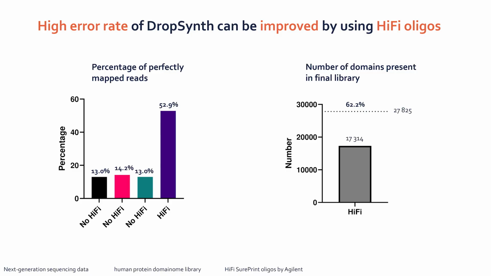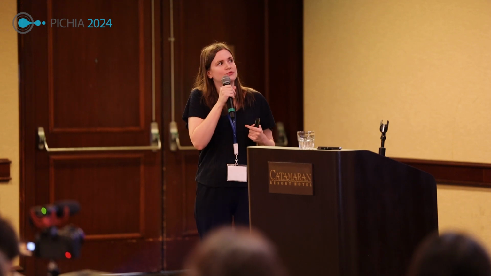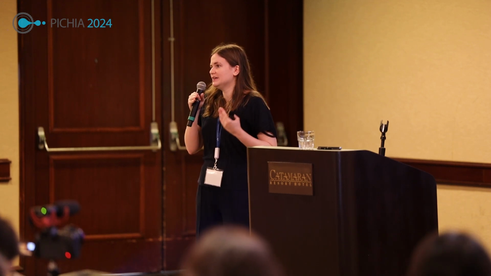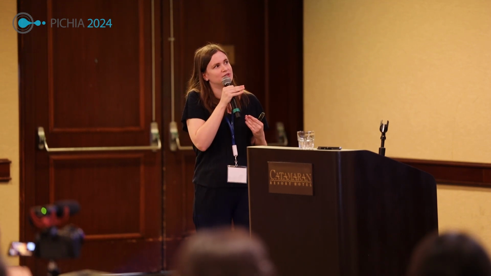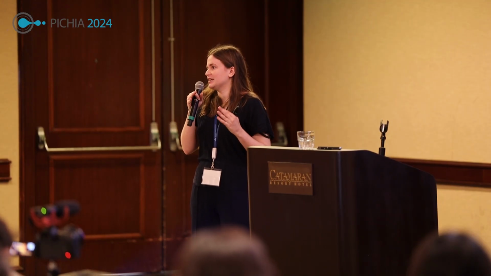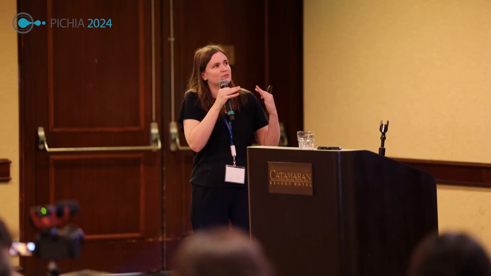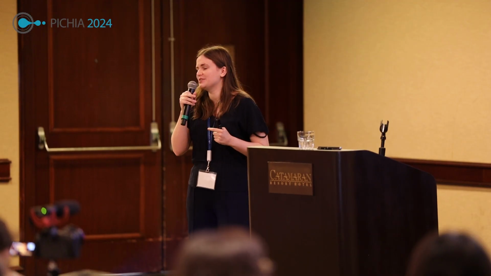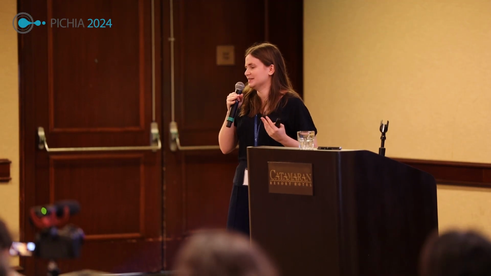Of course, if this would be an issue, you could always try to improve this by constructing a second library. You then do the entire protocol again, and by using different codon optimizations and different overlapping regions, you can hopefully overcome the errors that happened in this library, and then you can combine them.